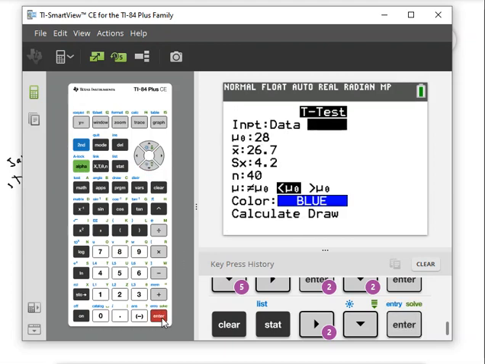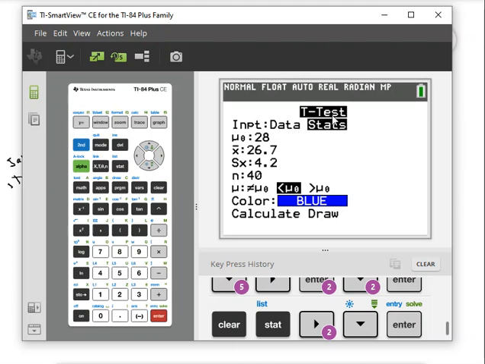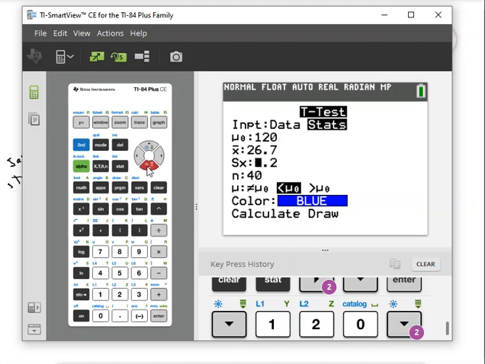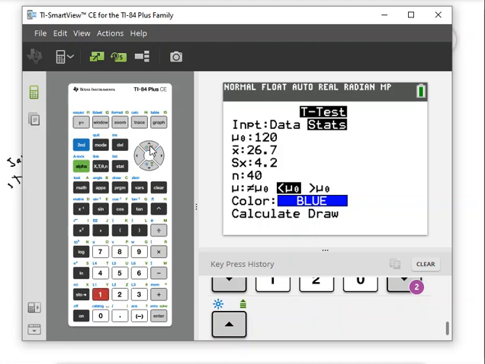I'm going to hit enter, inputting stats. Our hypothesized mean is 120. And the sample mean is 124.